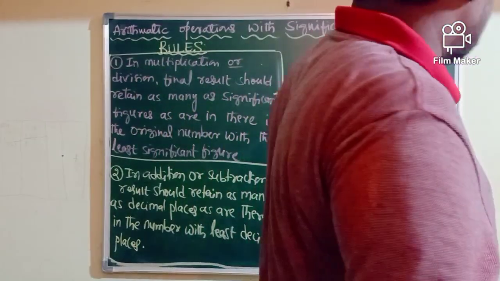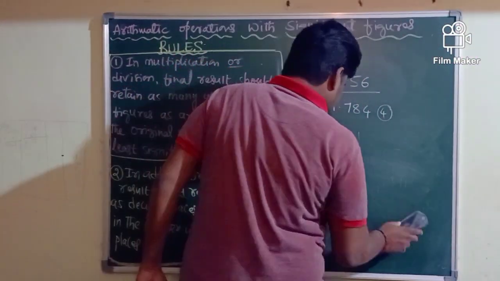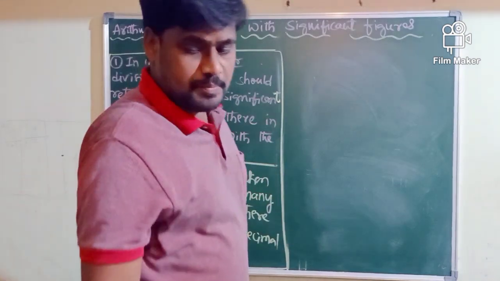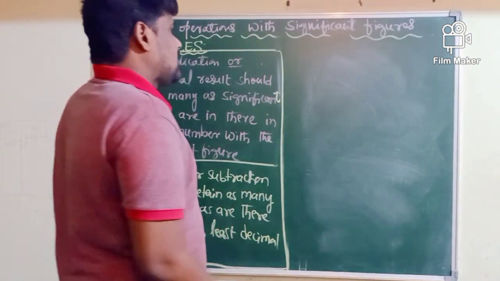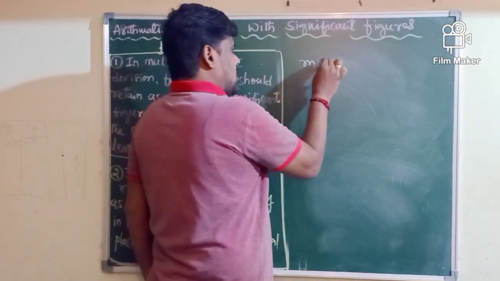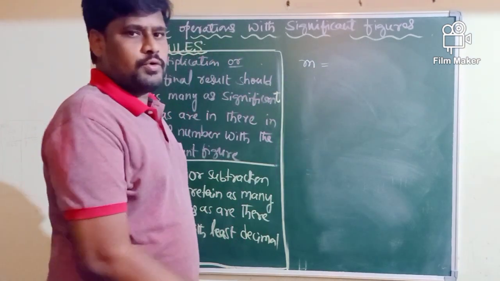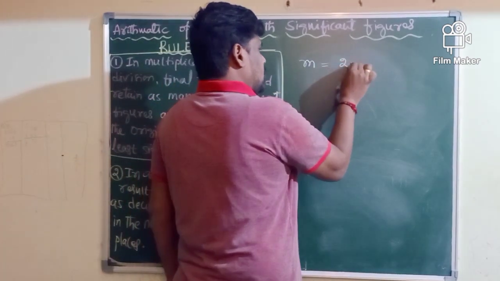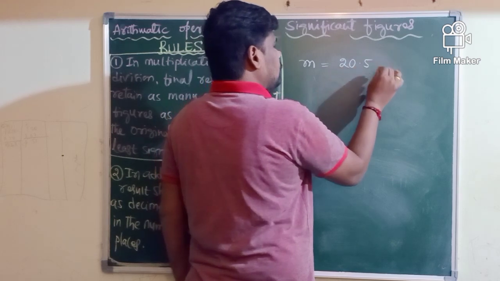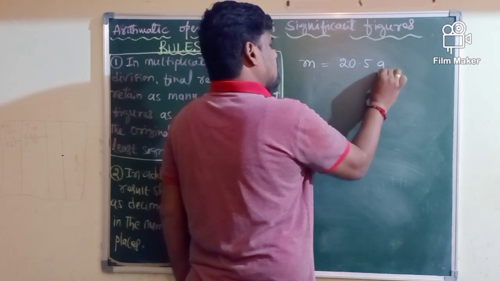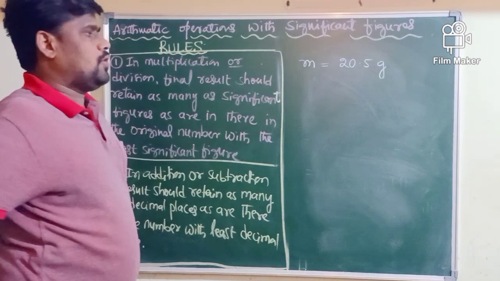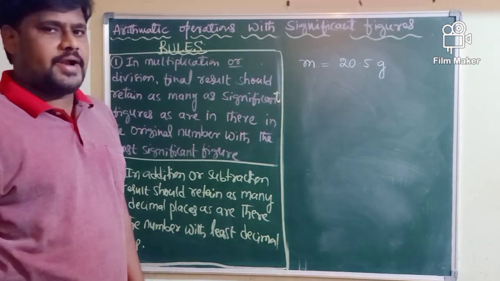Let me take one simple example here. Mass of a body is found to be 20.5 gram.